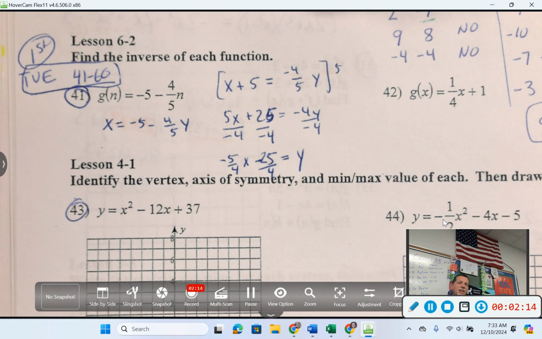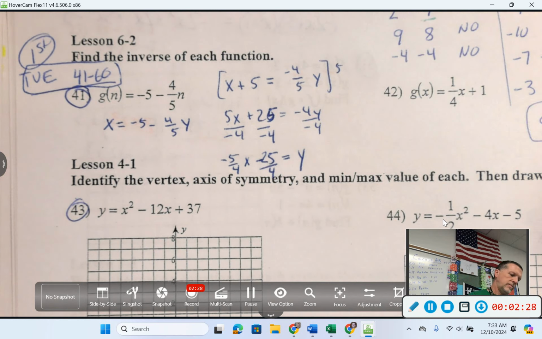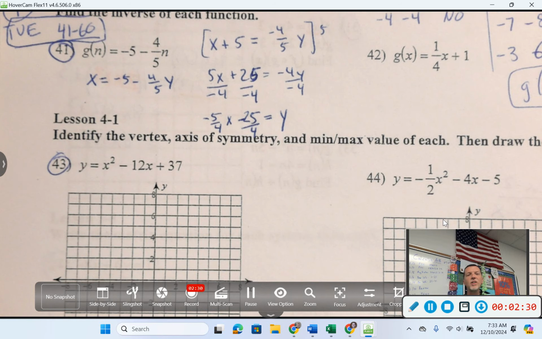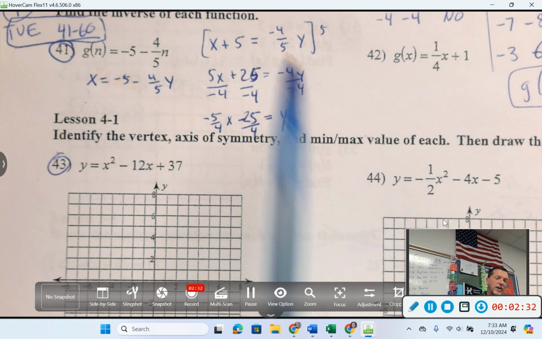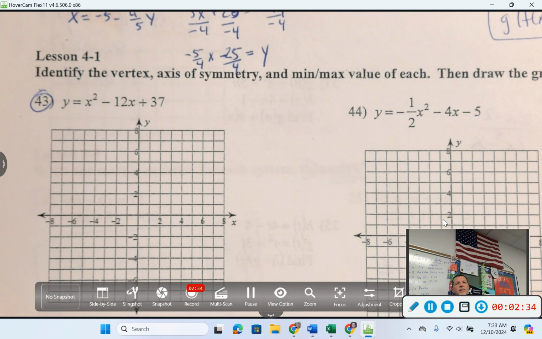Negative 5/4 X minus 25/4 equals Y. That's the inverse. Switch X and Y, solve for Y. First step super easy, and then solving for Y depends on if you know what 5 times 5 is.